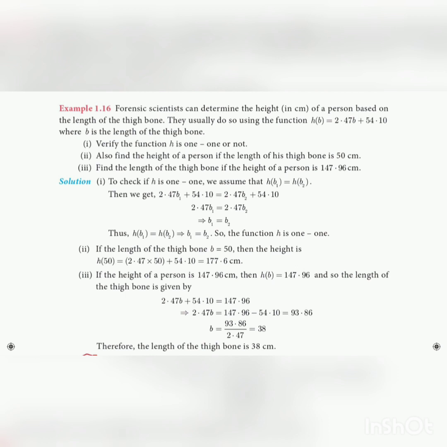That is 2.47b plus 54.10 is 147.96. That is, instead of h, we write this height, so that we can find b. B is the bone length. So it is calculated, which is 38 centimeters. Hence, all the three subdivisions of example 1.16 are calculated and completed.